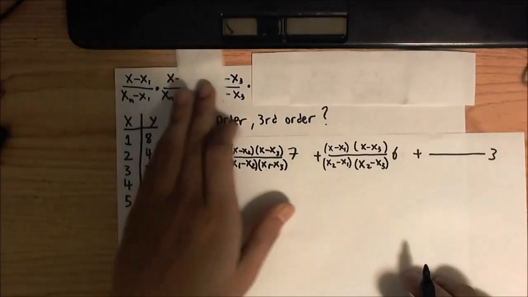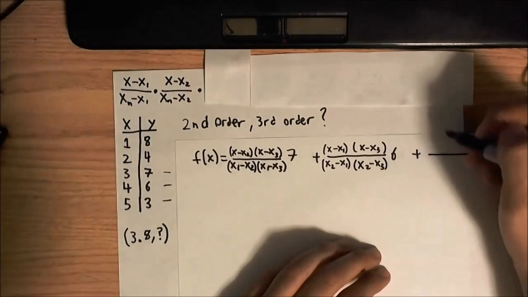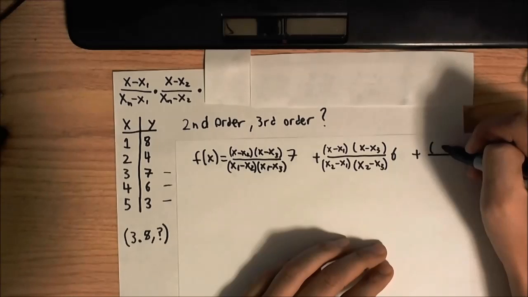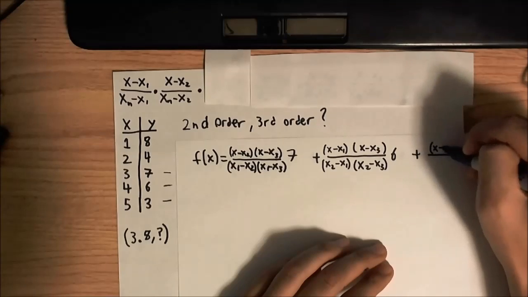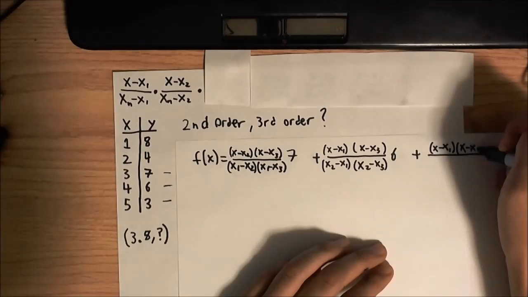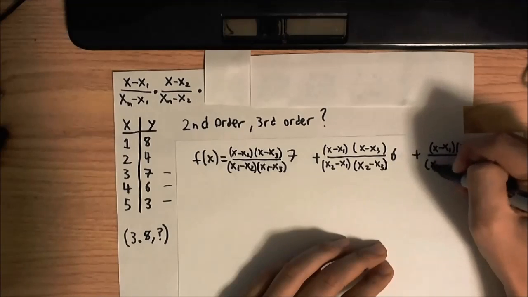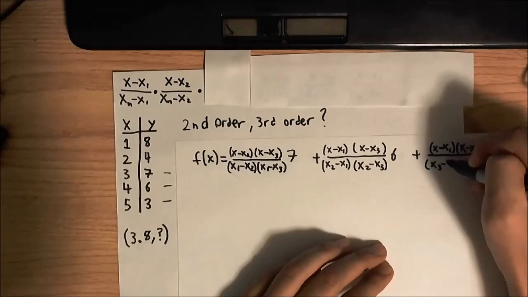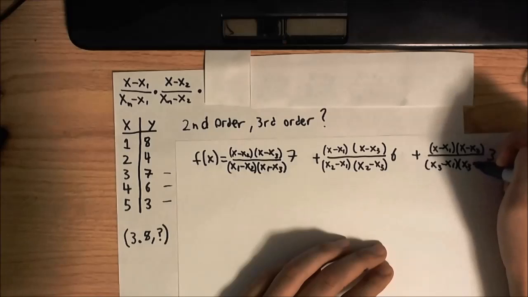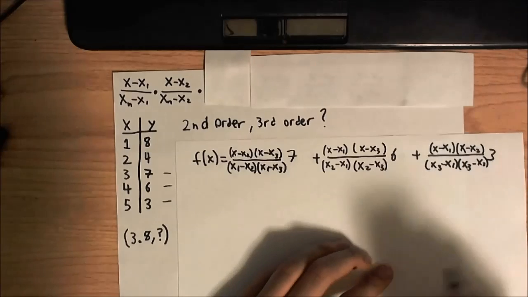Again, we do the same for the third term, thus finishing our second order Lagrange polynomial, making this term (x minus x sub 1) times (x minus x sub 2) over (x3 minus x sub 1) times (x3 minus x sub 2).